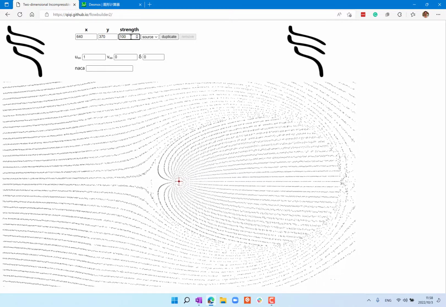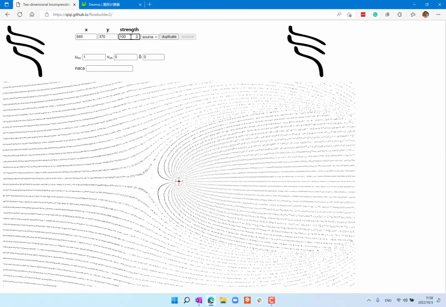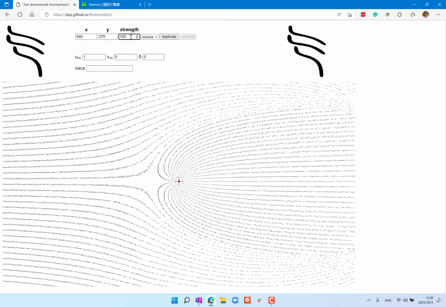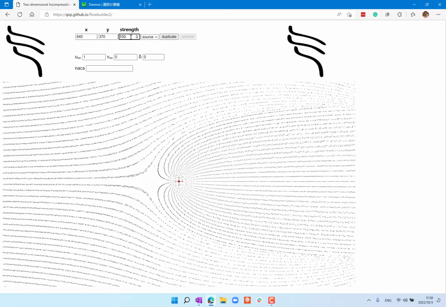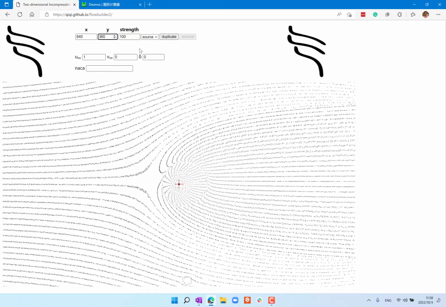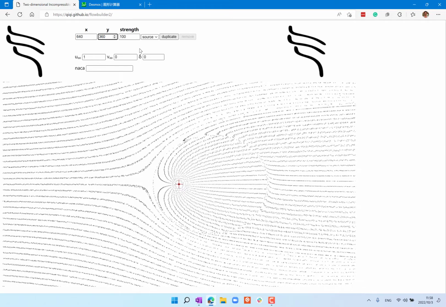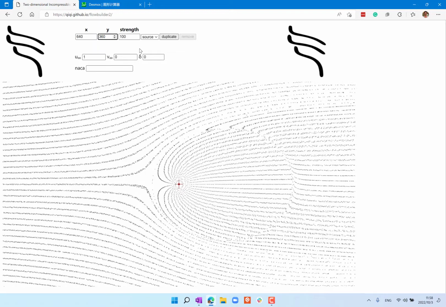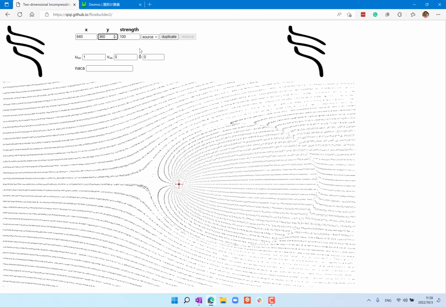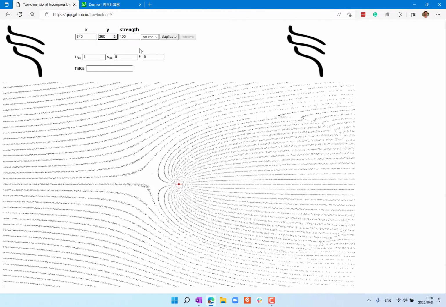All right, and if you add it together with a free stream, it basically simulates a solid body. Let me actually put the y location exactly along a streamline that comes over here. So 360 is half of the height of the canvas. So there is a particle that goes directly towards it.